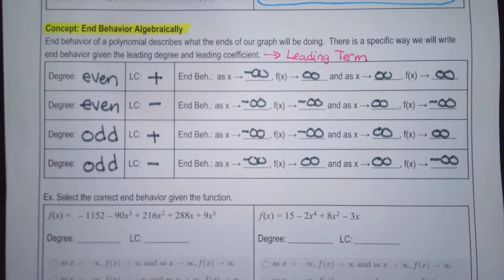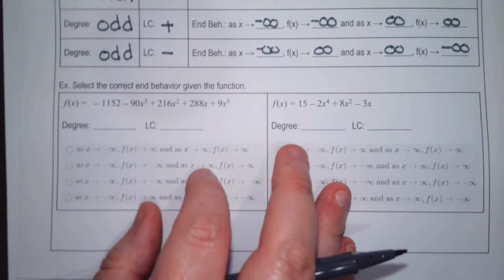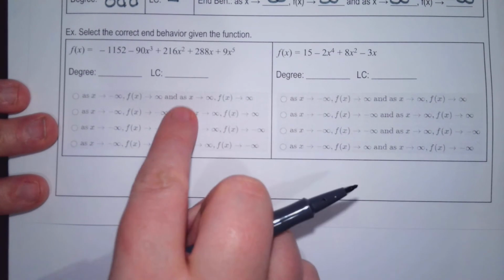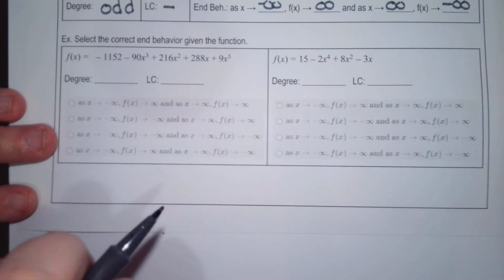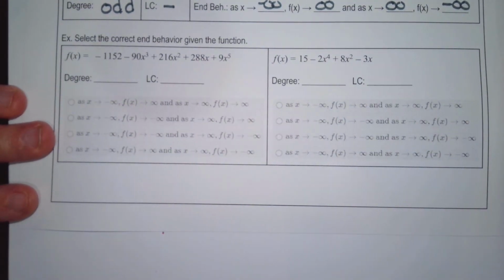Just like with graphing, I do not expect you guys to memorize this chart. You can use it as your notes. You do not need to memorize it. So now, let's take a look at some examples. Again, just like with graphing, Delta Math has these as multiple choice. So select the correct end behavior given the function.